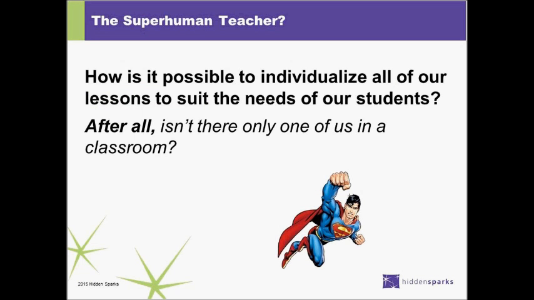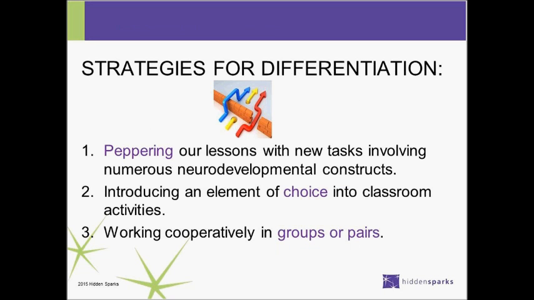So how is it possible to individualize all of our lessons to suit the needs of our students? After all, isn't there only one of us in a classroom? How are we doing this? So let's look at some strategies. I'm going to give you a very brief description of these strategies, and then we're going to go into them in a fuller way.